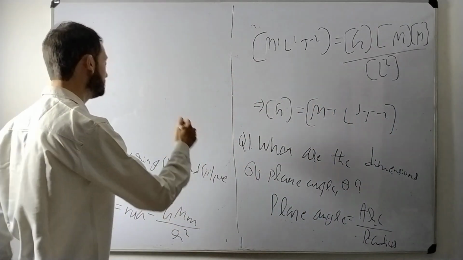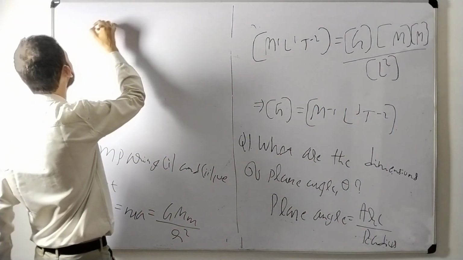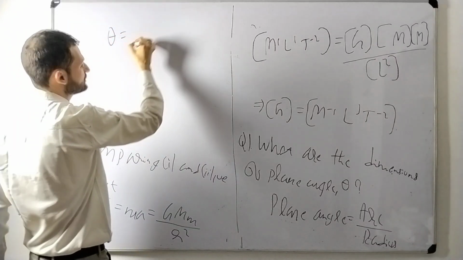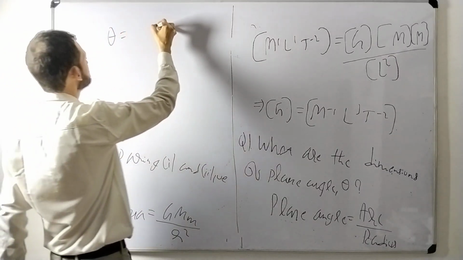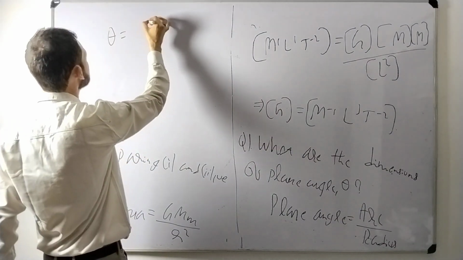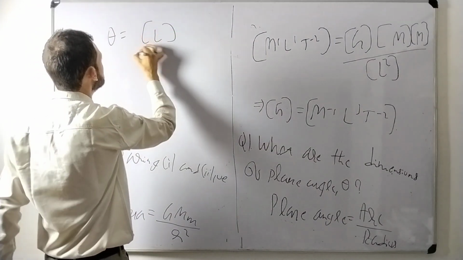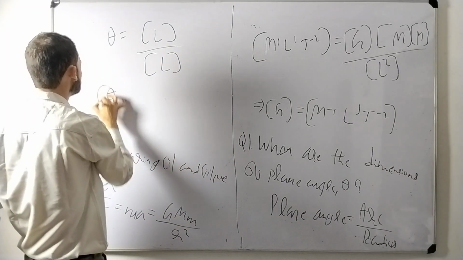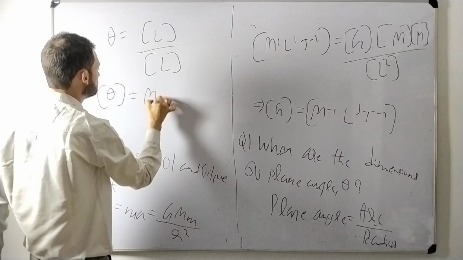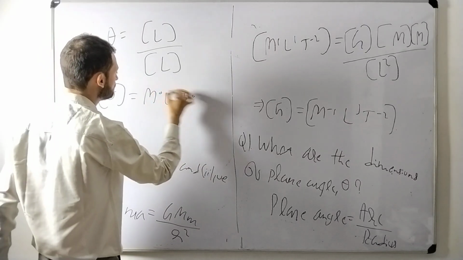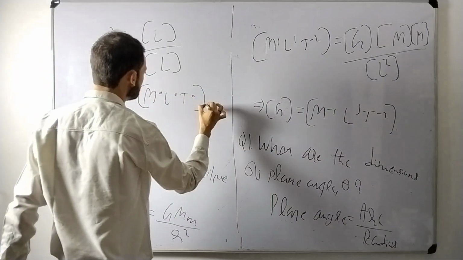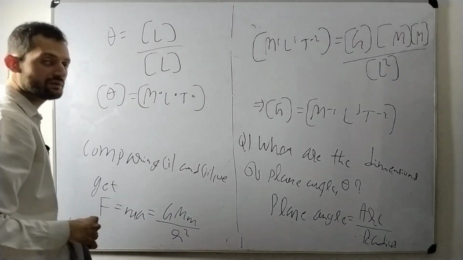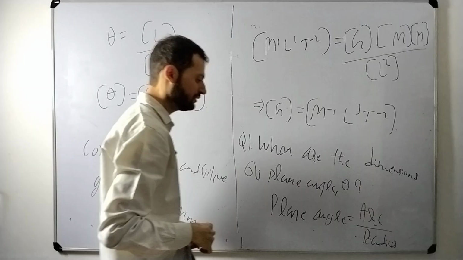Oh, sir, it is dimensionless. You told us. Yes. So arc dimension is L, radius dimension being L, so theta dimension becomes M0 L0 T0. So it is a dimensionless quantity, but its unit is radian, as we have discussed.